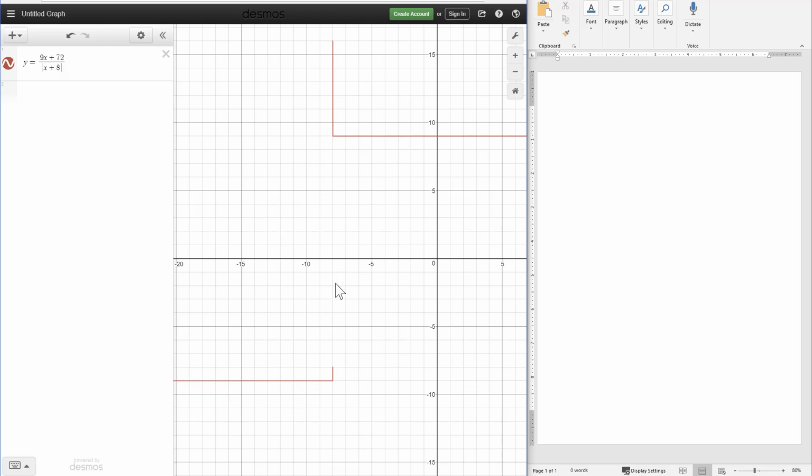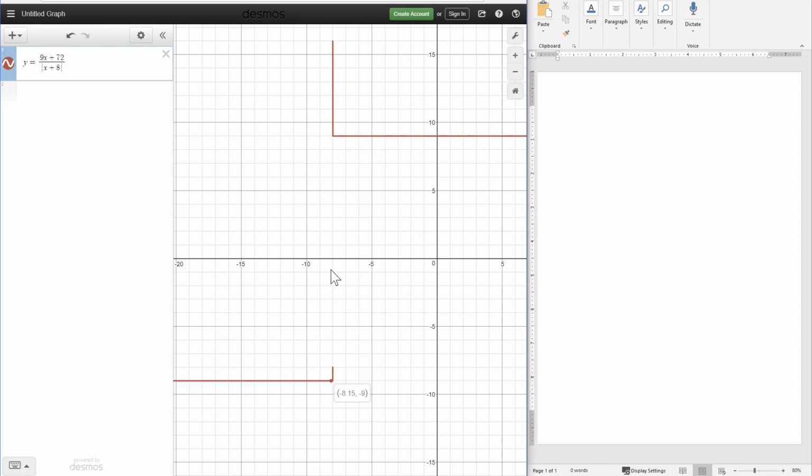It looks like the graph kind of goes up and up, so there's something weird happening. If we trace along here, as x approaches negative 8 from the negative side, we're on this line down here, and then it doesn't want to go to negative 8. It goes to negative 8.01, and then it takes a jump, and now I'm at negative 7.998.